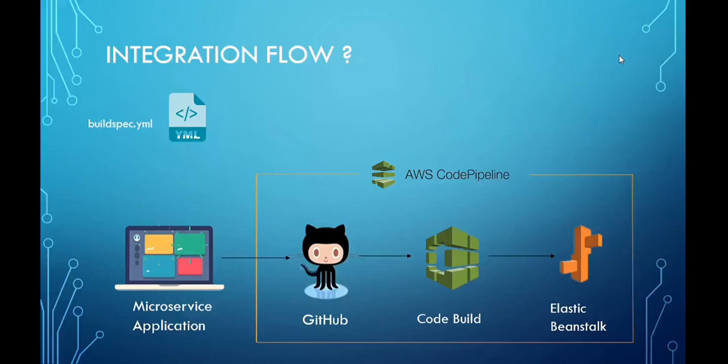Once the file is uploaded on GitHub, CodePipeline first searches for this file and runs the predefined commands in this YML file. By this, the jar file of the application is created by CodeBuild and is ready to be deployed on Elastic Beanstalk. In this way, we will deploy our application.